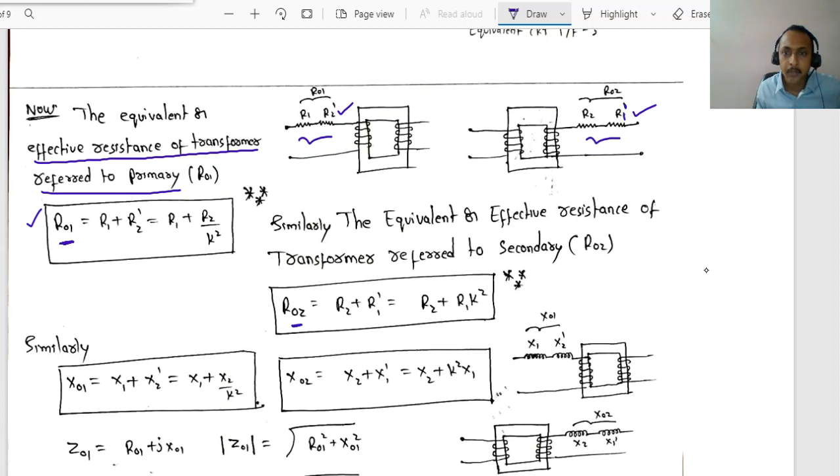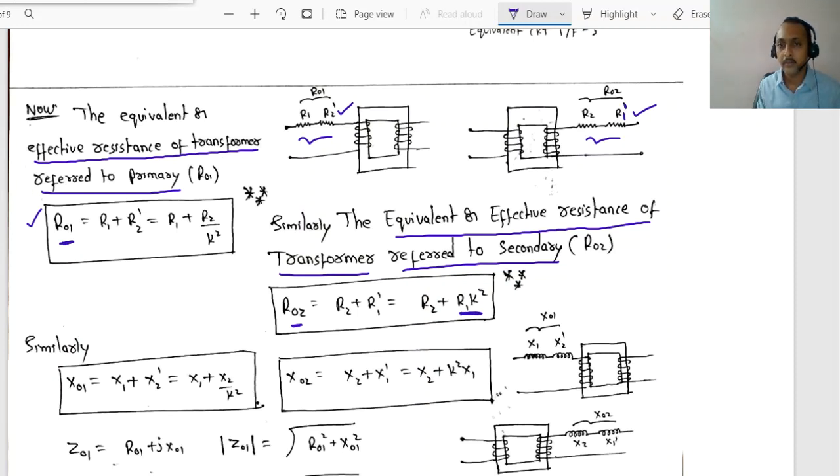It is to be read as equivalent or effective resistance of transformer referred to secondary. It is equal to R2 plus R1 dash. Just now you have seen R1 dash equal to how much? R1 into K square.